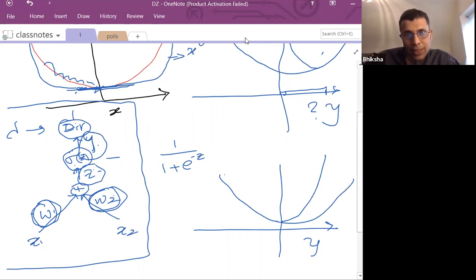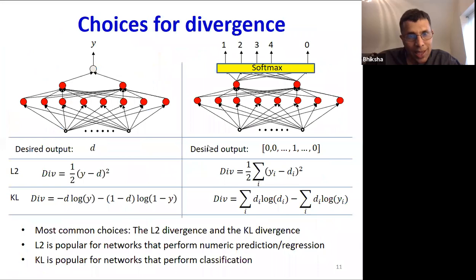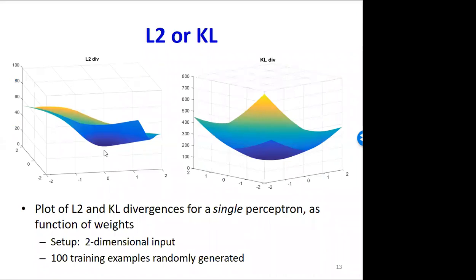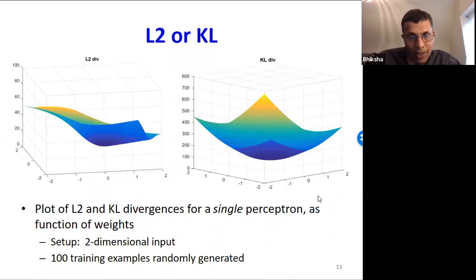Absolutely right. KL is convex with respect to w's. And this is your L2 divergence. It actually looks like that ugly function that I just showed you. Looks like a flower. It has a unique minimum. It's just not convex, right? Whereas the KL has this nice bowl shape with respect to the w's.